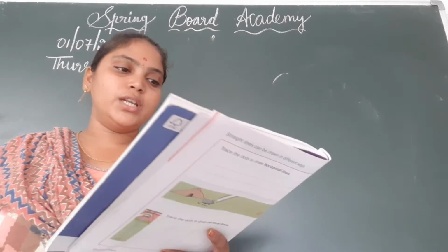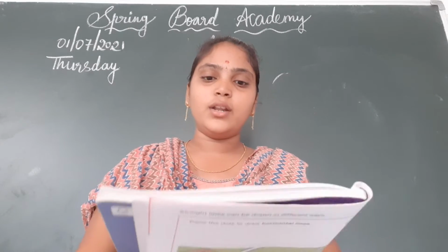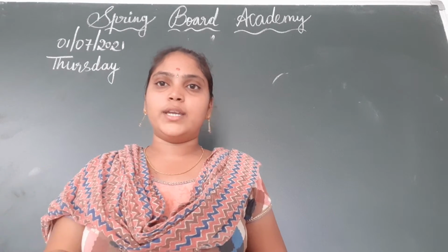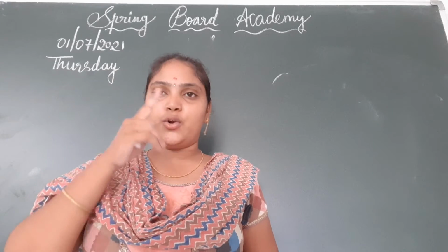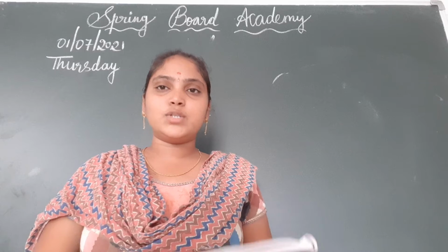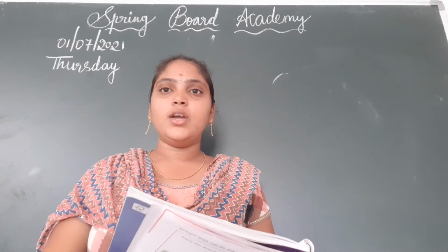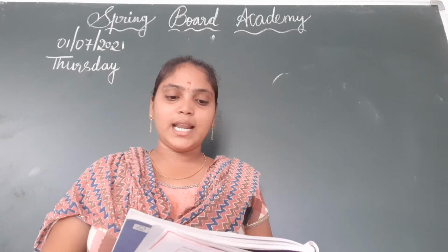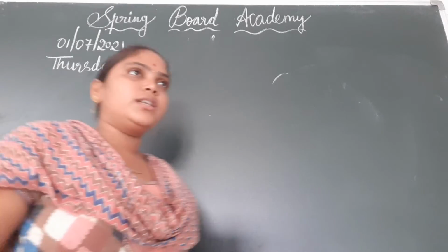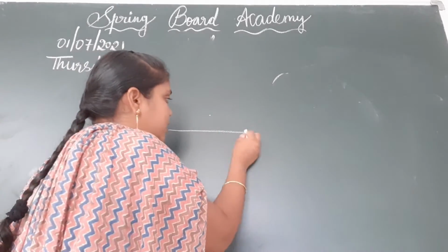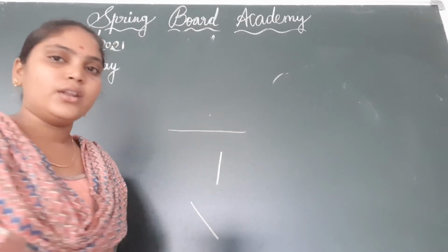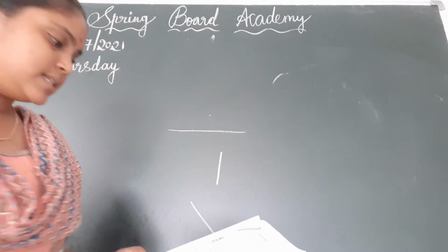But you are not in class now, children, so look around your bedroom to spot horizontal lines, vertical and slanting lines. Horizontal means these, this is vertical and this is a slanting line. You have to spot these lines.